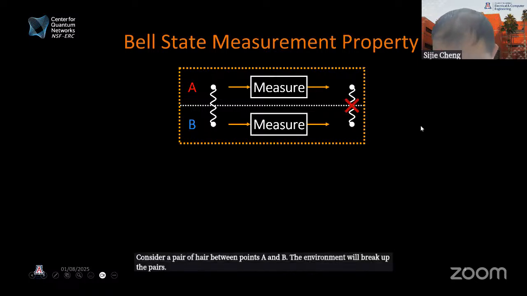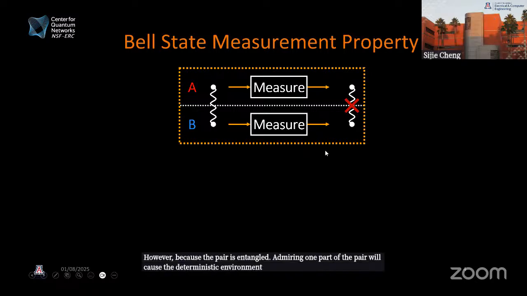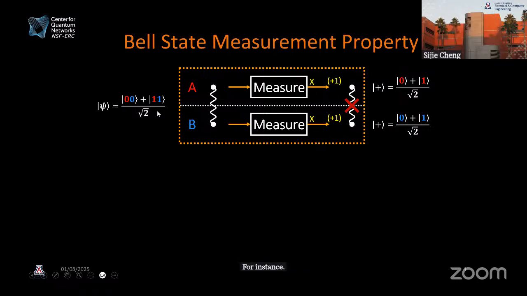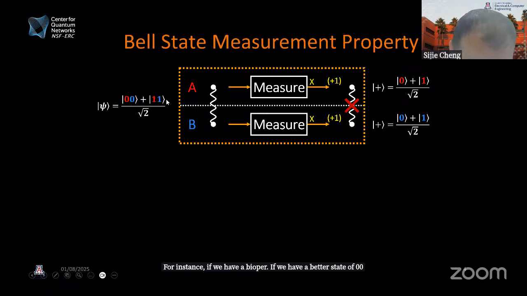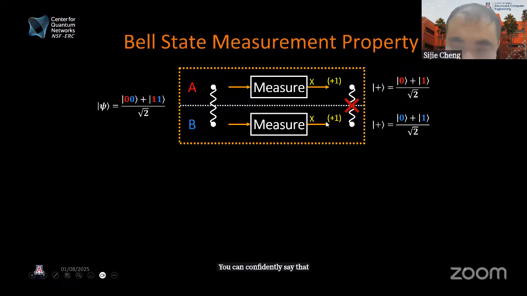However, because the pair is entangled, measuring one part of the pair will lead to a deterministic measurement result on the other side. For instance, if we have a Bell state of 00 plus 11, and A measures their part of the Bell state on X and gets plus 1, we can confidently say that if B measures his part on X, he will also get plus 1.